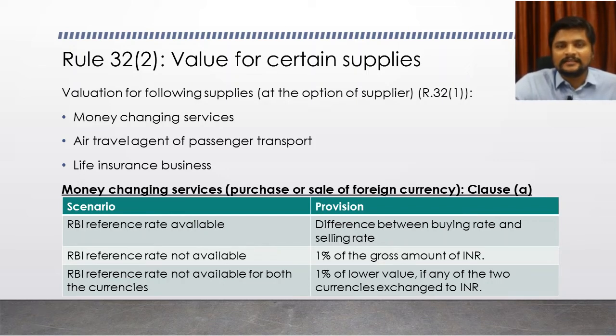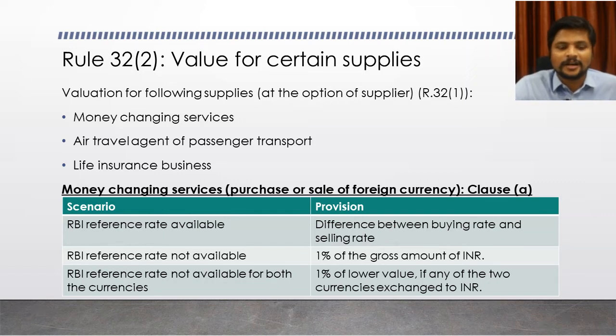For any currency exchange, the RBI notifies two types of rates: one is the buying rate and the second is the selling rate. The value for the money changing service, attributable to the money changer, is the difference between the buying rate and selling rate, because he will be buying at the buying rate and selling the foreign exchange at the selling rate. That difference is generally called a spread. That spread will become the value for the services provided by the money changer. That is for the first scenario.